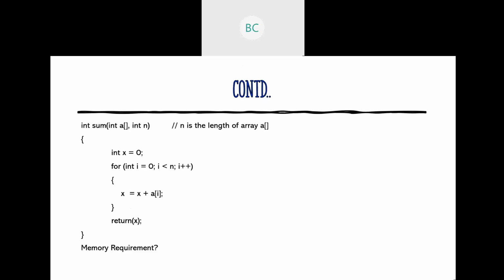It's adding up all the values. It's already written sum. So it's doing what? Summation of all the n values in your array A. It's taking the array, then also taking the input from the user and adding up the values. All of you got it?